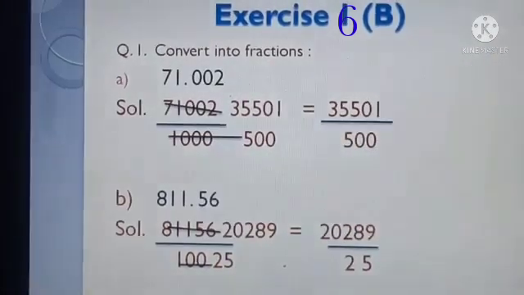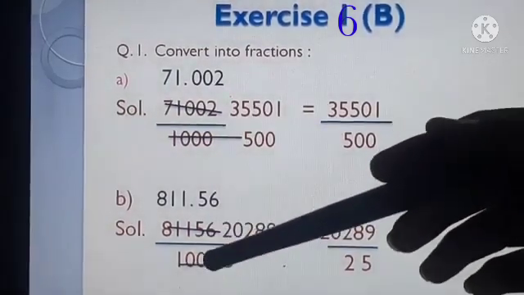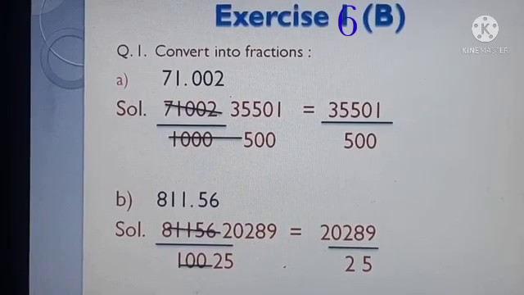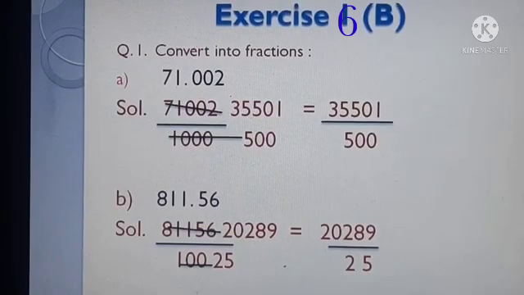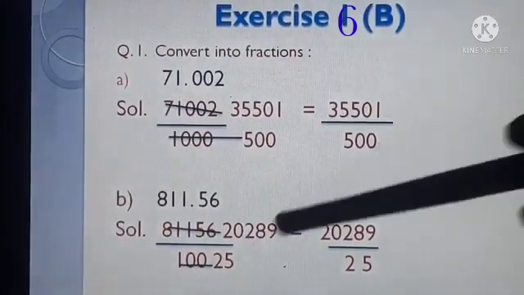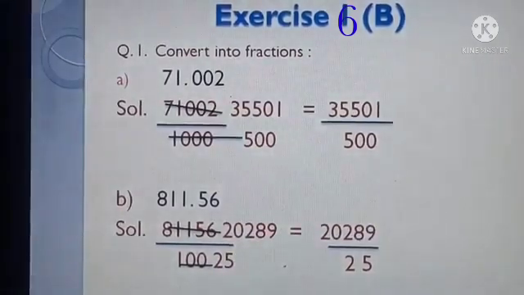So our fractional number will become 81,156 upon 100. Now again cancellation is here because both the numbers are divisible by 2 and also by 4. If we cut with 2, we will cut in 2 steps, first with 2, then again with 2, and here I have done it with 4. 100 divided by 4 will give you 25.